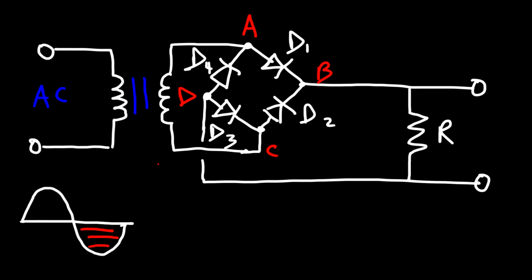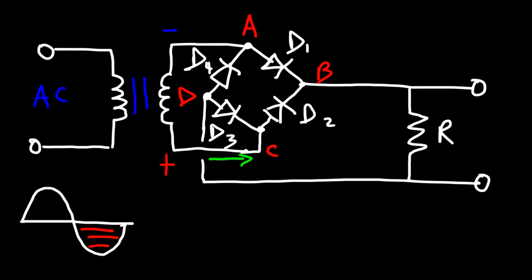So the polarity at the right side of the transformer will be reversed. The top part will have a negative sign this time. As always, conventional current will flow from the high potential towards the side with a lower potential. So it's going to emanate from the positive terminal and flow towards the negative terminal.